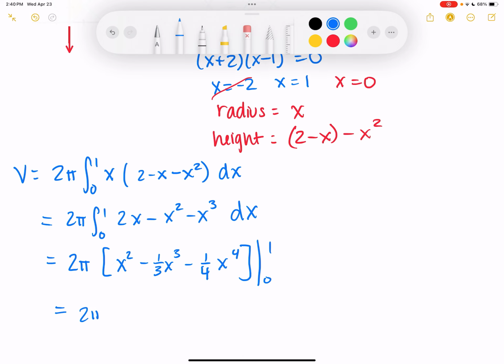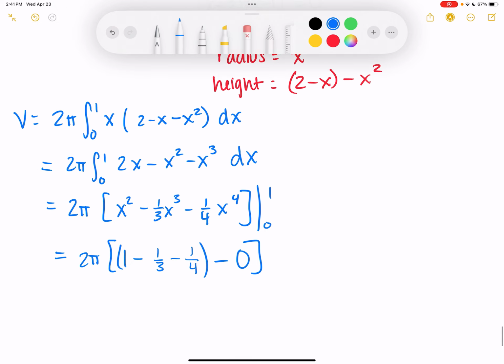So then that's just going to be 1, because I'm just plugging in 1. I'm not going to actually show writing it in, but just know that it's being plugged in. So 1 minus 1/3 minus 1/4, and then technically minus 0, because all of those are going to end up being 0.